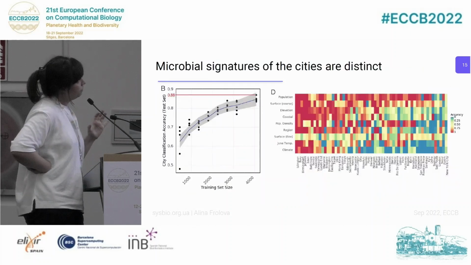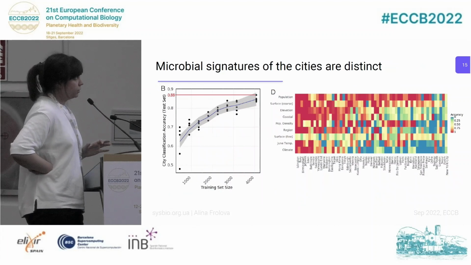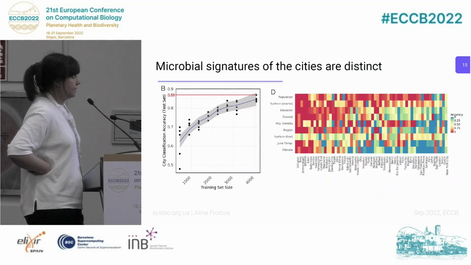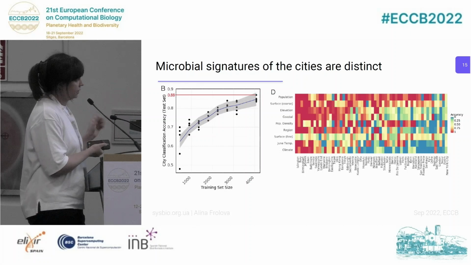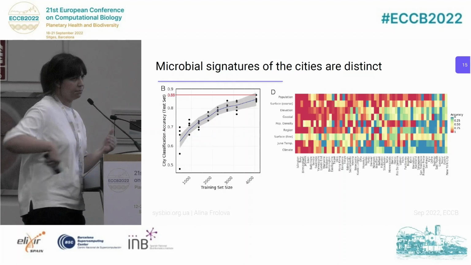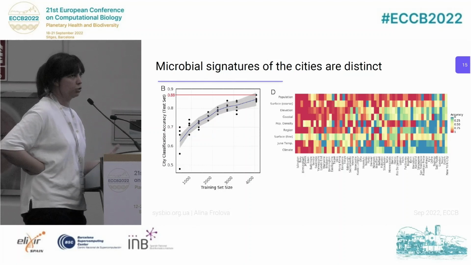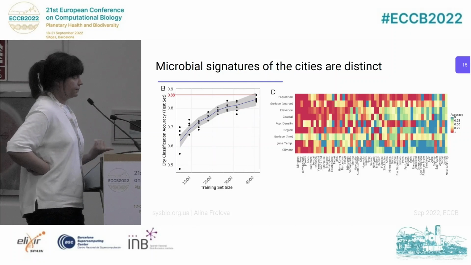In terms of microbial signatures for the particular cities, we found out that they are quite distinct, and even with a simple random forest classifier, if you increase the sample size, you can reach almost 90% of accuracy. And we also tried to investigate different metadata variables, whether they can explain why profiles in different cities are different.